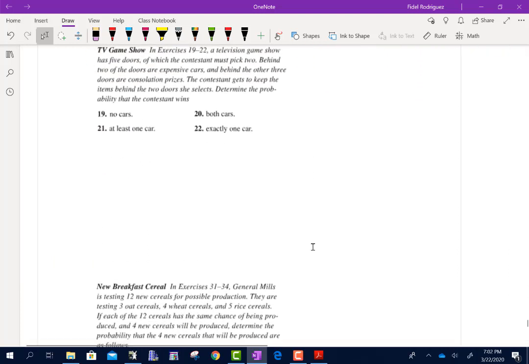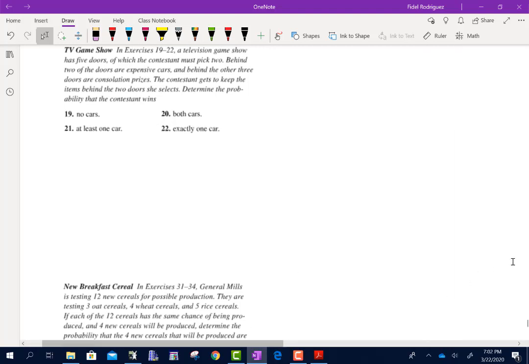Okay. All right. So let's finish up these last few problems for 11.9, okay? All right. So it says, a television game show has 5 doors, of which the contestant must pick 2. So 5 choose 2. Behind 2 of the doors are expensive cars, and behind the other 3 are consolation prizes.